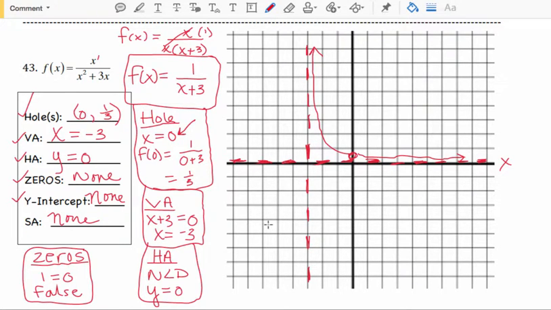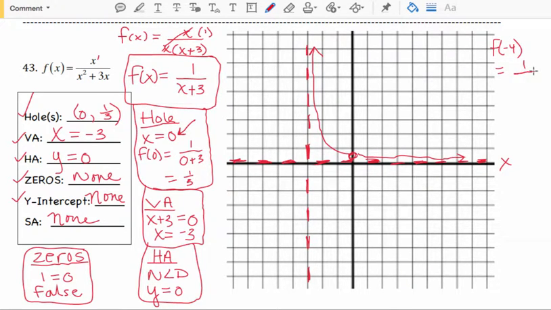But just to verify, let's go ahead and get a point down there. And you can use your modified function to pick another ordered pair. So I'm going to use the 1 over x plus 3. So I'm going to let x equal -4. And I'm going to put that over here because I don't really have any room.